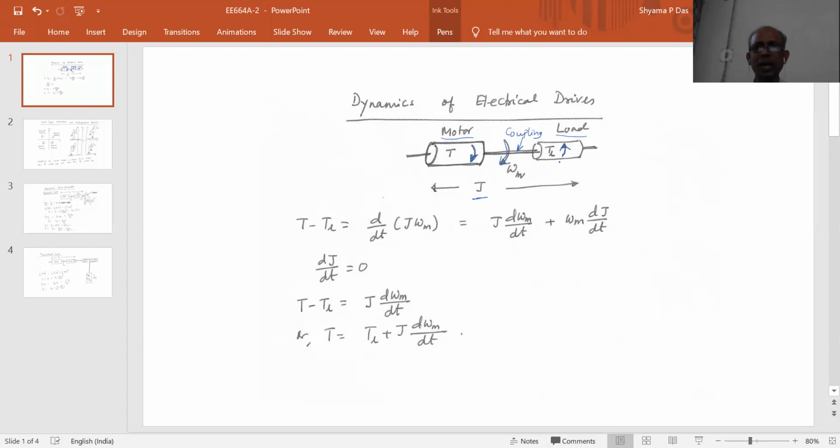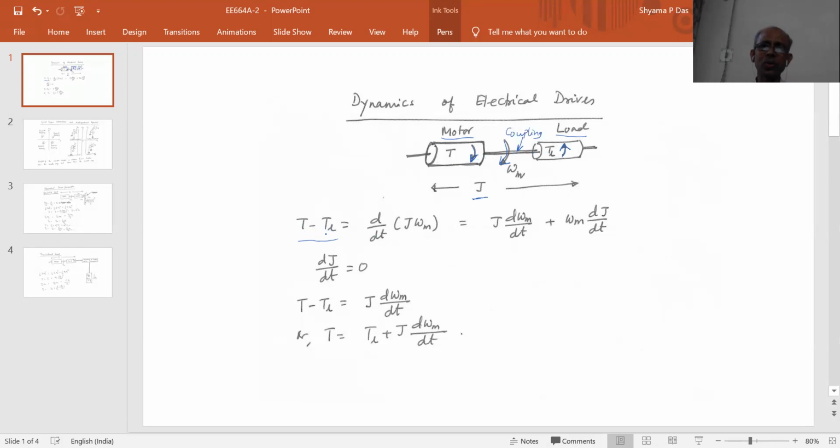Most of the time, in the normal motoring operation, the load torque is in the opposite direction to the motor torque. So the differential torque between the motor and the load is T minus TL.